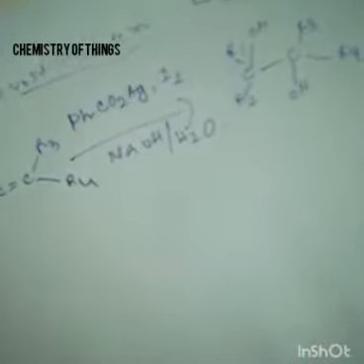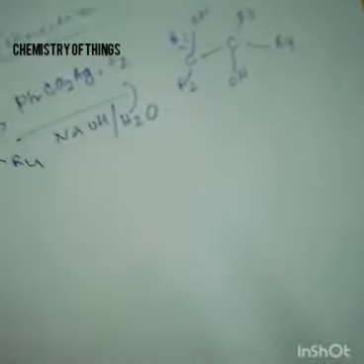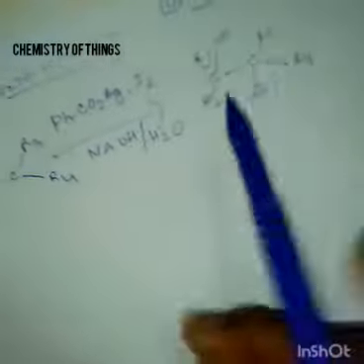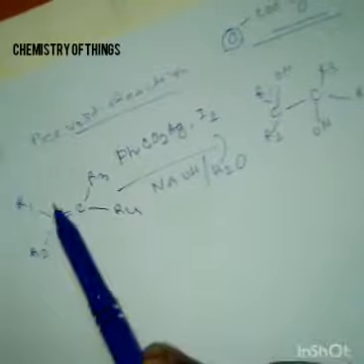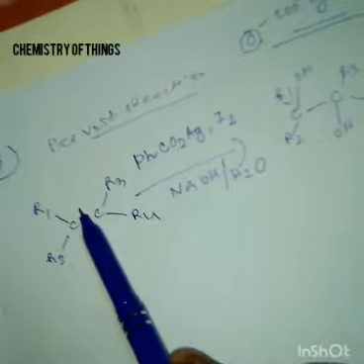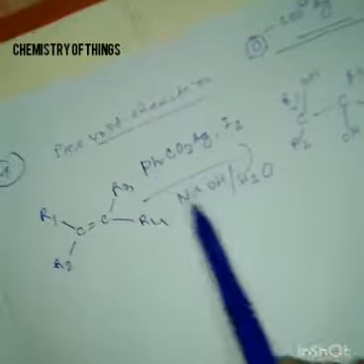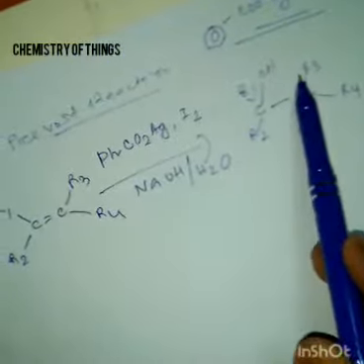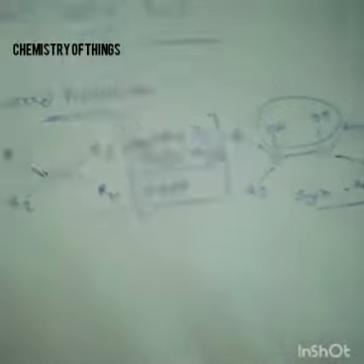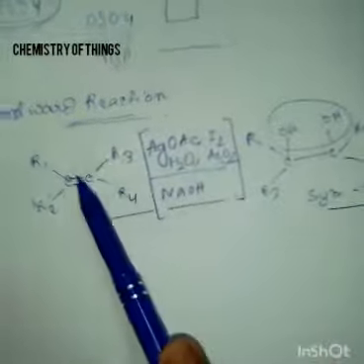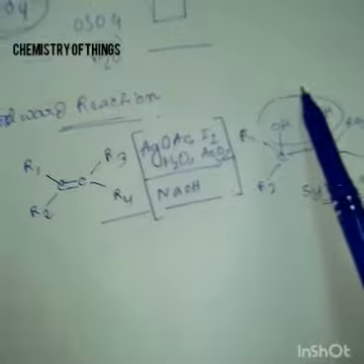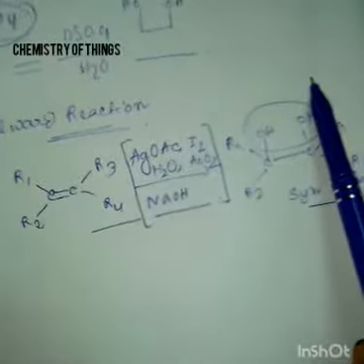So with this reagent, converting an alkene to a diol, this reagent will make a trans addition. And again, in the case of the Woodward reaction, this reagent will convert the alkene to a syn addition vicinal diol.